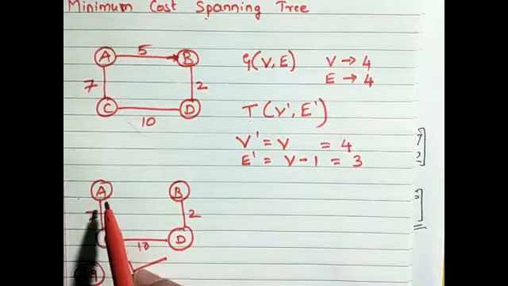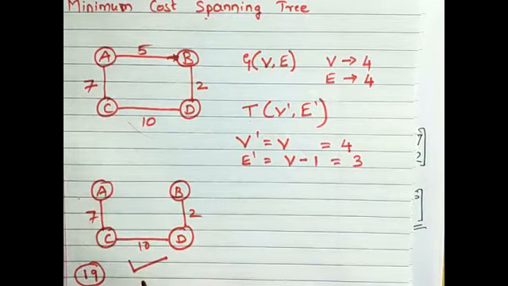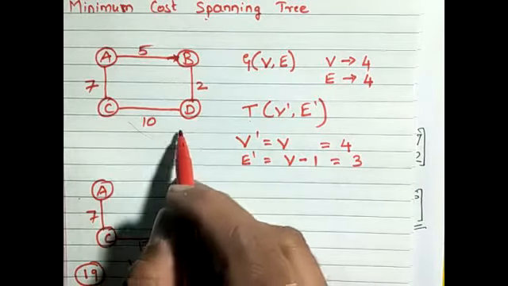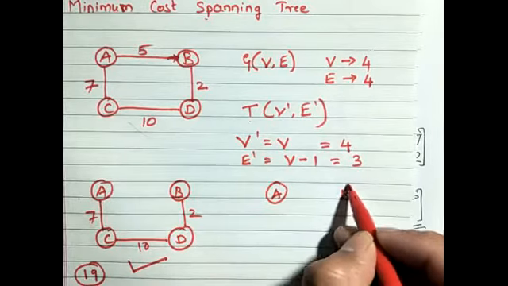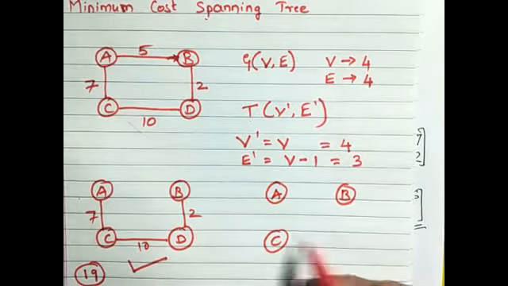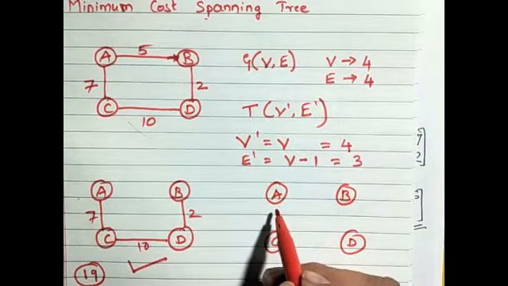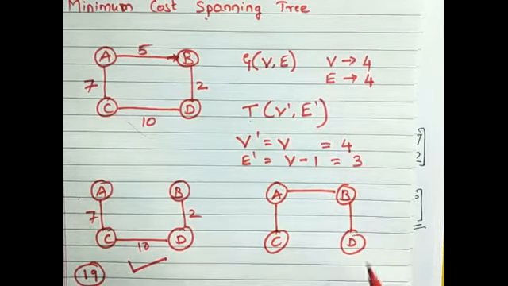If you notice here, the vertices A and B are not connected. I can have one more spanning tree from this graph. Let us say A, B, C, and D. Now, in this case, I would connect AC, AB, and AD.